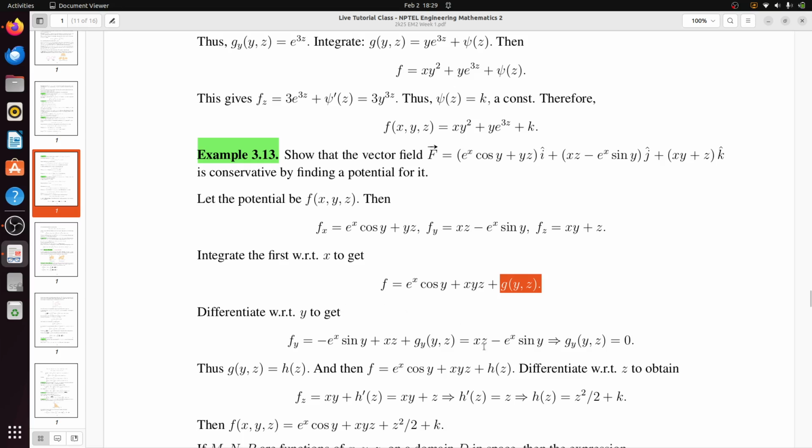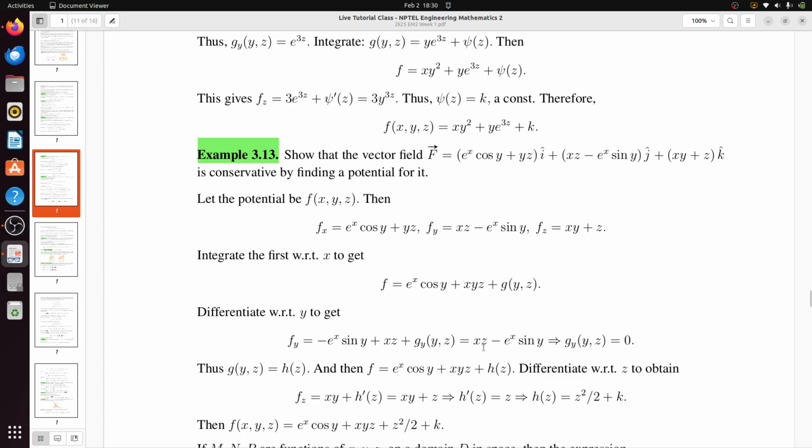Then what do we have to do? Your f is e^x cos y + xyz + g(y,z). You differentiate it partially with respect to y. Then from this function you will get f_y, which is -e^x sin y + xz + del g/del y. And here we have observed that f_y is equal to xz - e^x sin y.